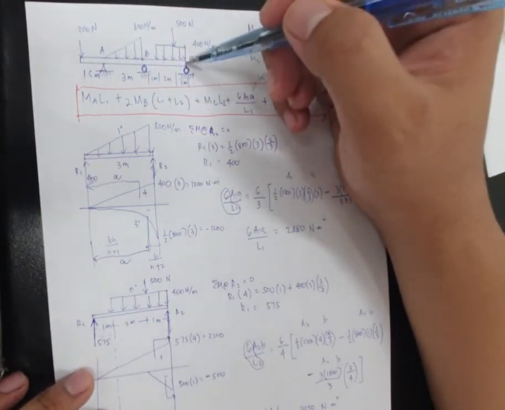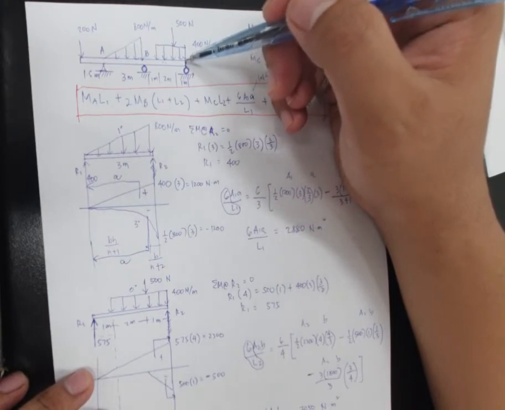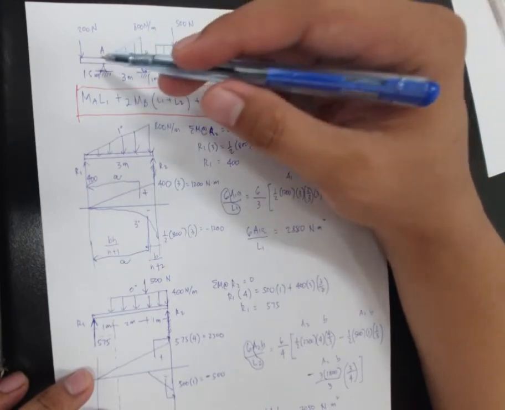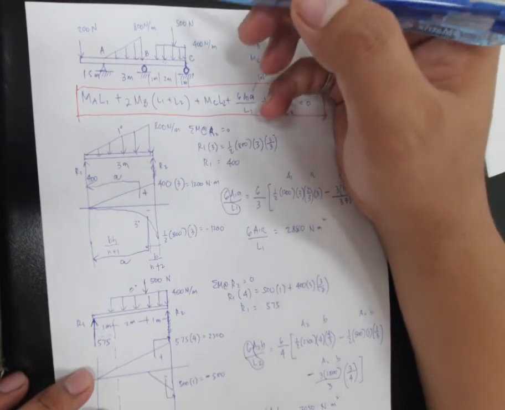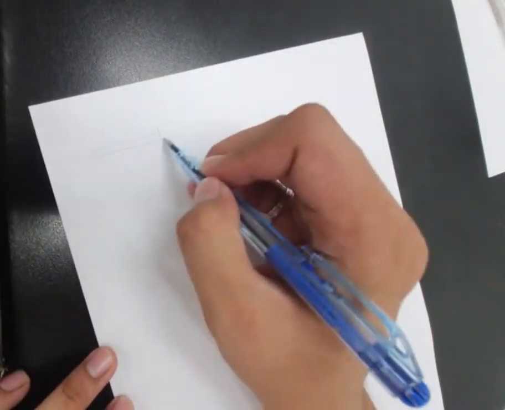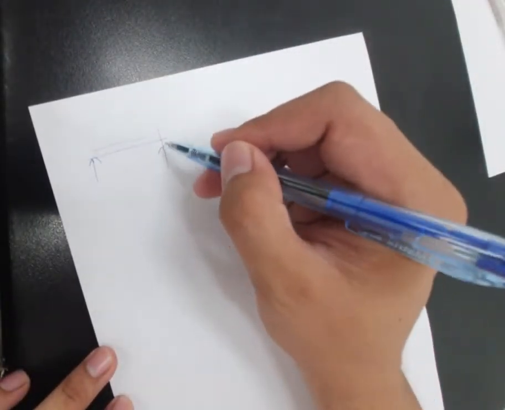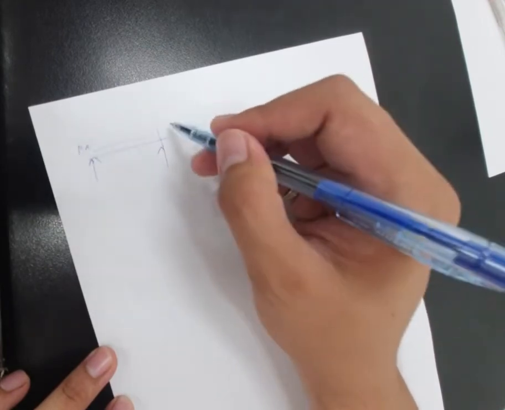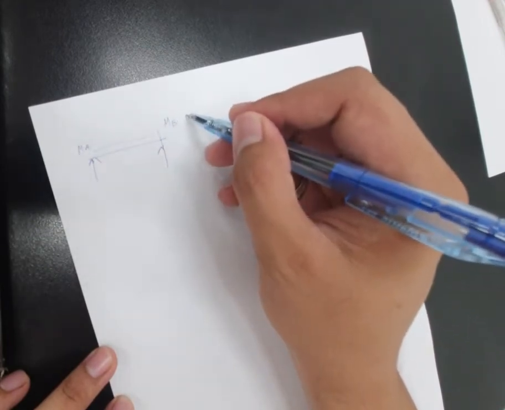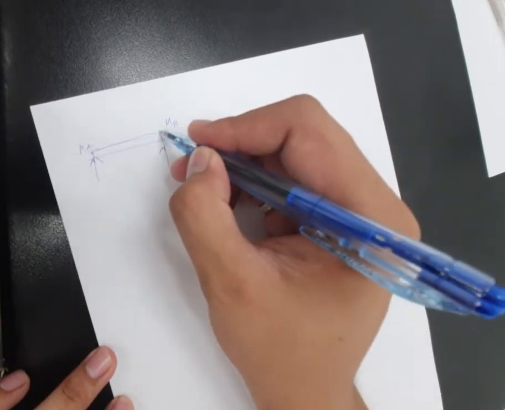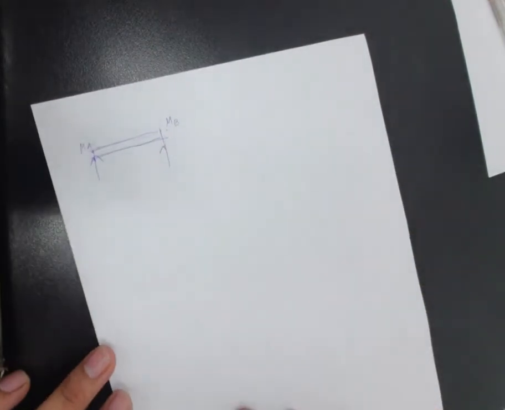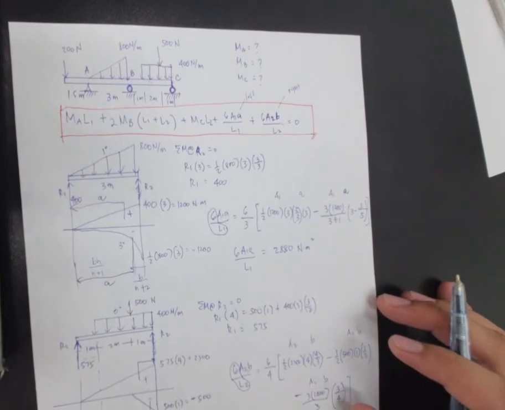Pero pag walay overhang sa end supports, automatically the moment is 0. Same goes with the simply supported nga beam, di ba? Moment at A and moment at B puro 0. Moment at the ends 0 kung simply supported. Pero pag dili simply supported, dili na siya ma-apply kung fixed end siya or na ay overhang.